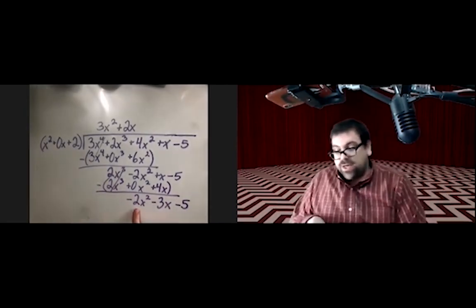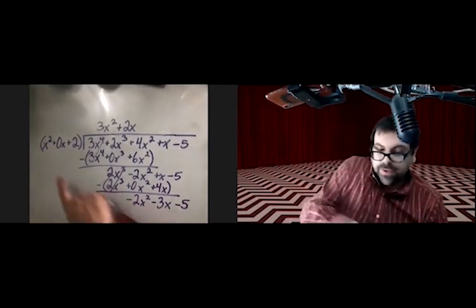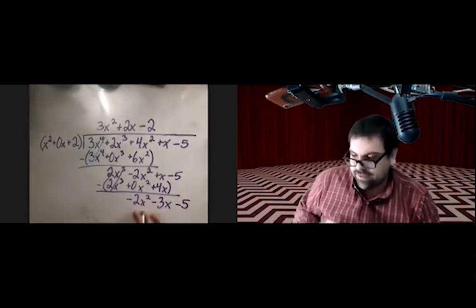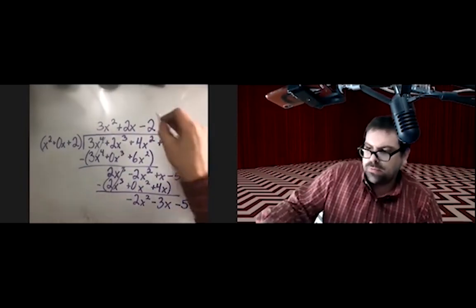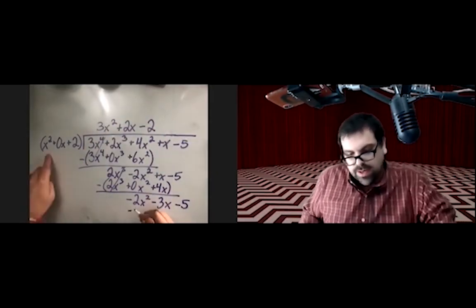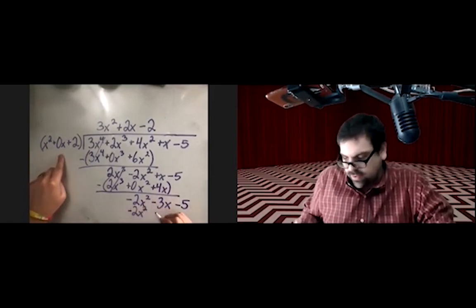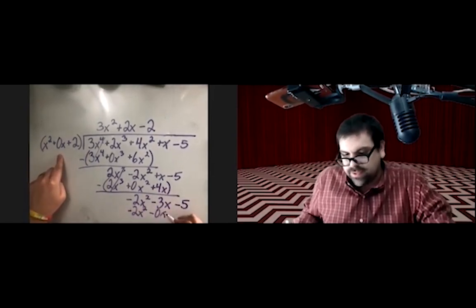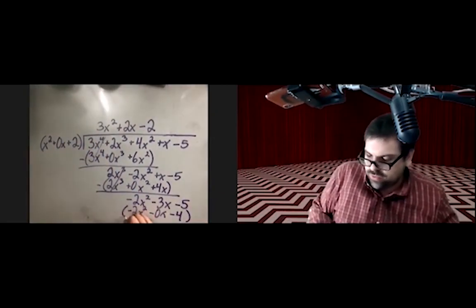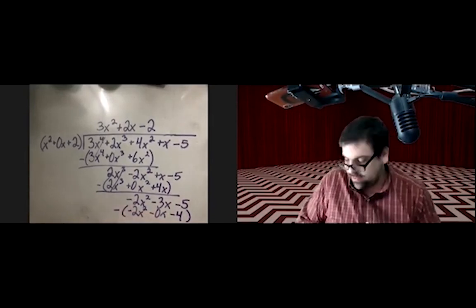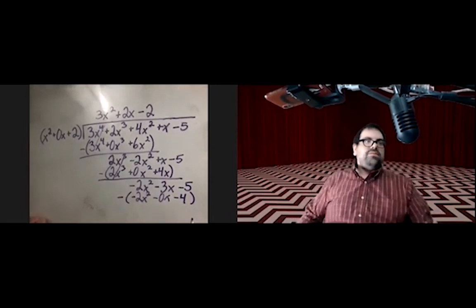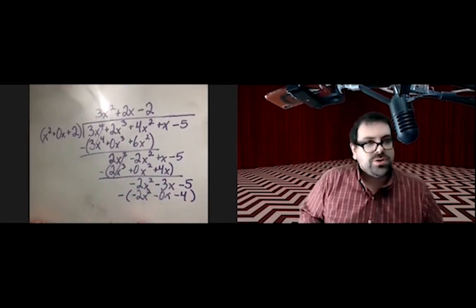X squared times what is negative 2x squared? X squared times negative 2 is negative 2x squared. Multiply it around the corner. Negative 2 times this whole thing. Negative 2x squared minus 0x. Negative 2 times positive 2 would be negative 4. Subtract the whole thing. This is where I find some room by just giving a little push.